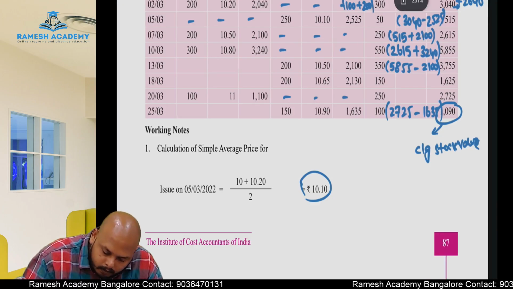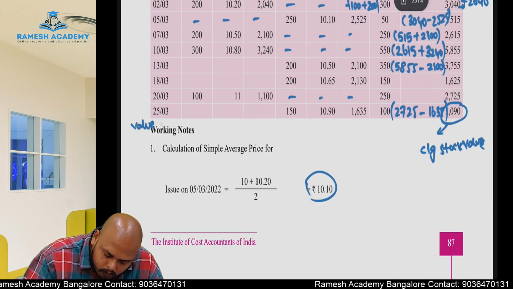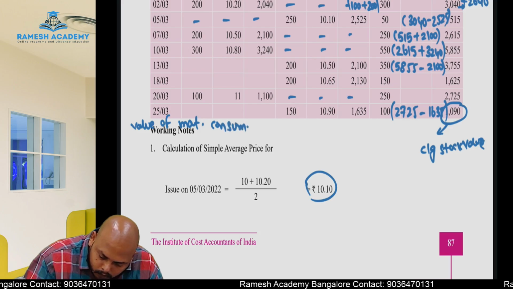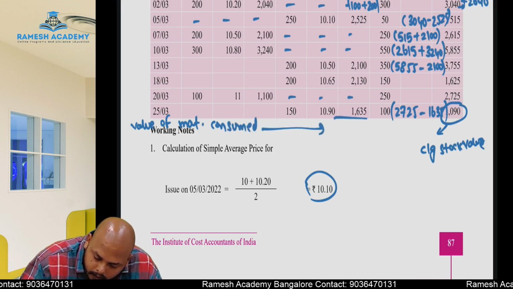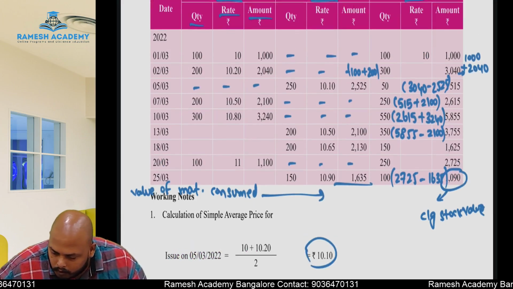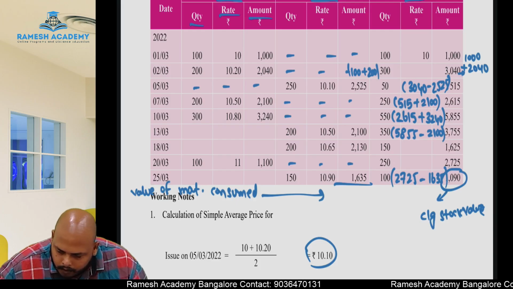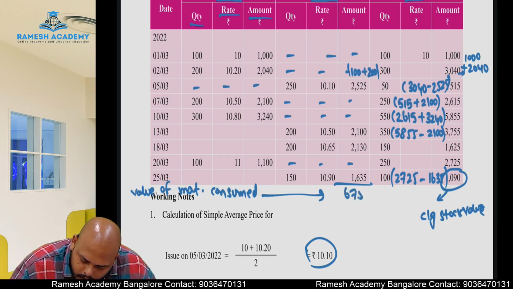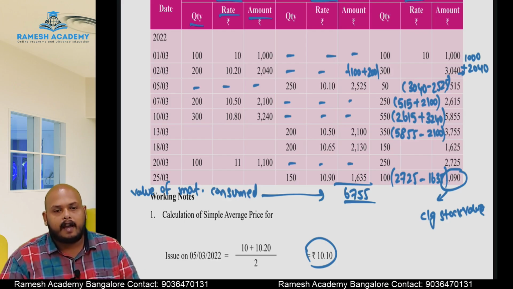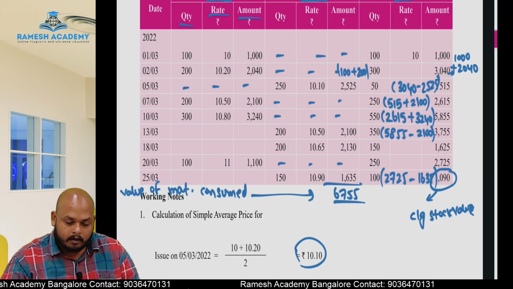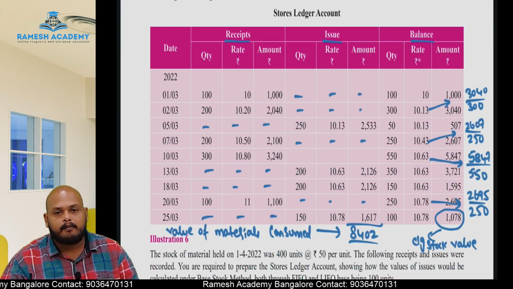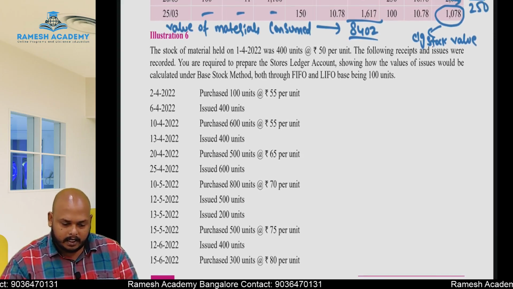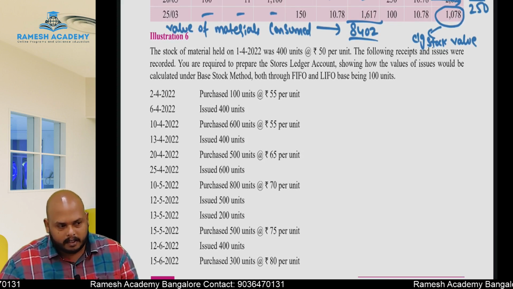If he is asking you for the value of materials consumed, 2525 plus 2100 plus 2130 is 6755. So this is the value of materials consumed. Okay? So this is how we should calculate, either by the simple average method or the weighted average method. Next, let us move on to illustration number 6.